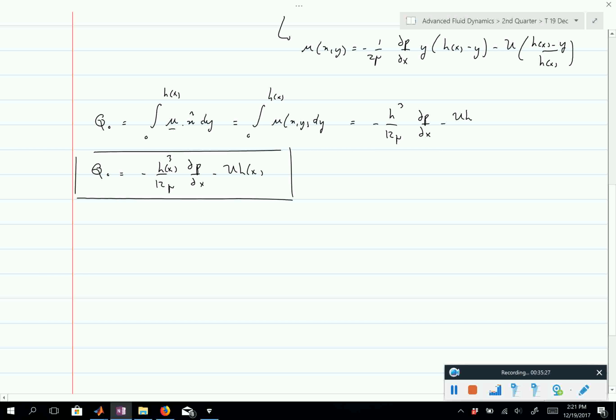So let me rewrite dp dx, which is what we are interested in. We want to know what the pressure distribution is underneath. So dp dx is going to be equal to, I'm just inverting the formula, minus 6 mu U divided by h squared, function of x, minus 12 mu q naught divided by h cubed, function of x.